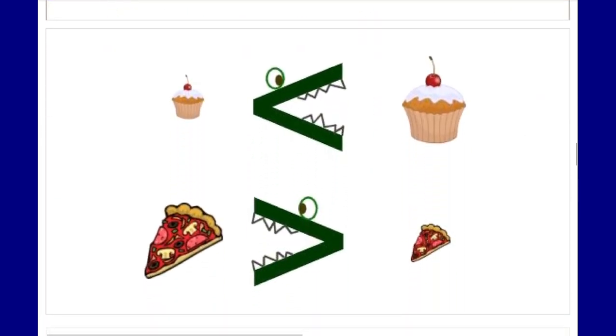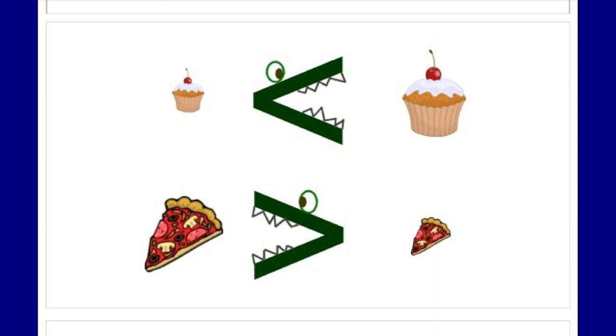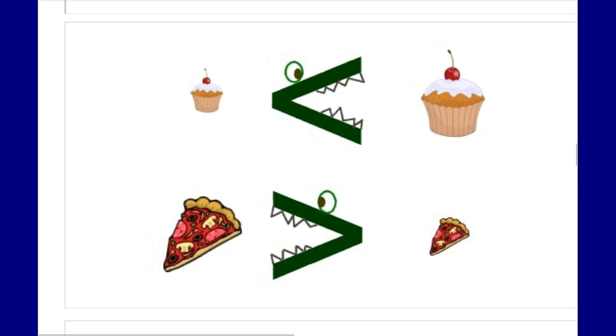You could think of it like a mouth, and the symbol wants to eat the larger one. We still read it left to right, so we wouldn't say the right is greater than the left, which it is, but we'd say this cupcake is less than this one. Or we might say this pizza is greater than this pizza. So again, just different ways to think about it. You've probably seen some of these before.